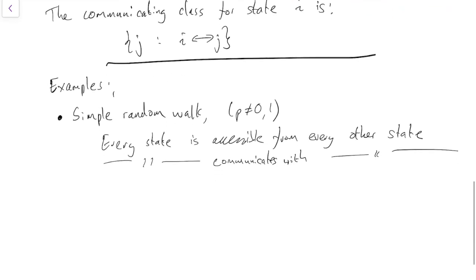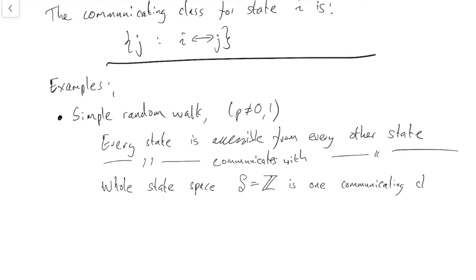So that means the whole state space is a single communicating class. The whole state space, which here is the integers for the simple random walk, is one communicating class. So actually we can't split up the random walk into smaller bits really. Everything's in the same bit in the simple random walk, because you can get from any state to any other state.